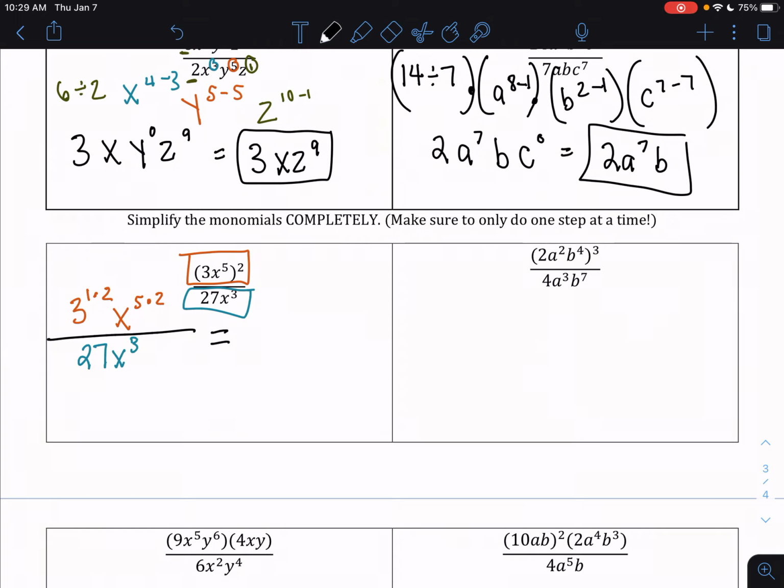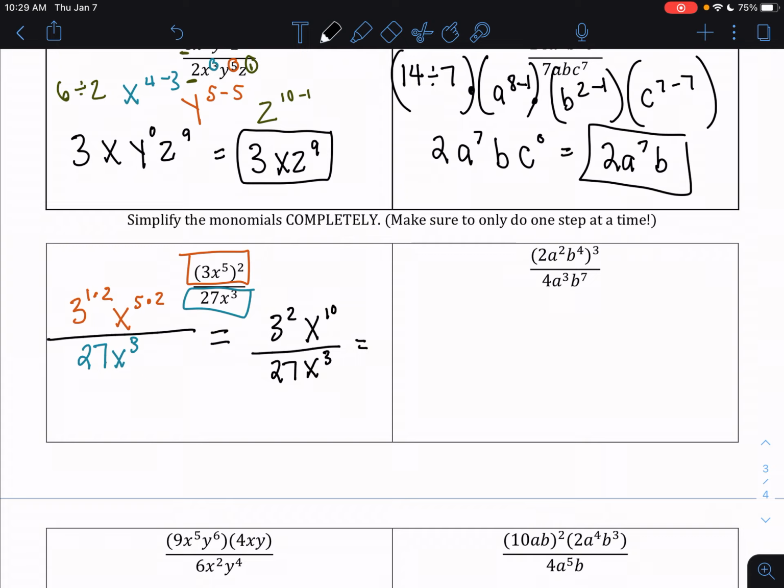So I'm going to go ahead and simplify that multiplication up there and get 3 squared times x to the 10th over 27x to the 3rd. Now we use our dividing rule that we just learned about.